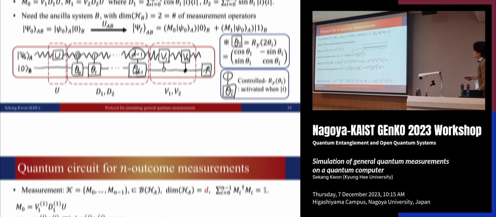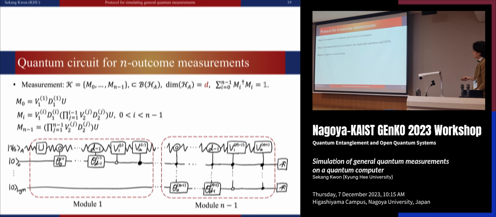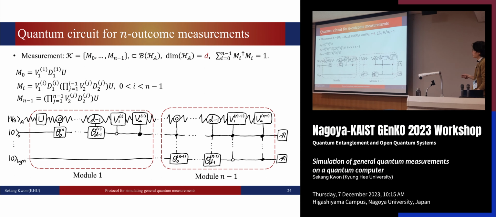In the previous slide, we have seen that this quantum circuit works as a module of the larger quantum circuit. So each module performs a two-outcome measurement like that. So we need n-1 circuit modules like this.